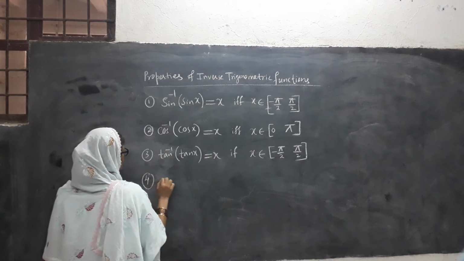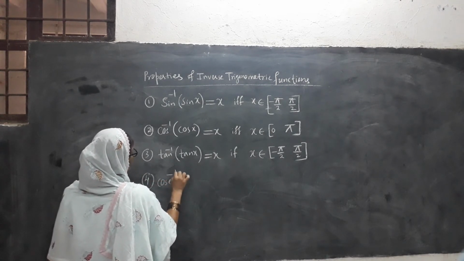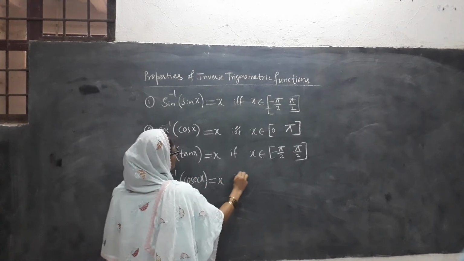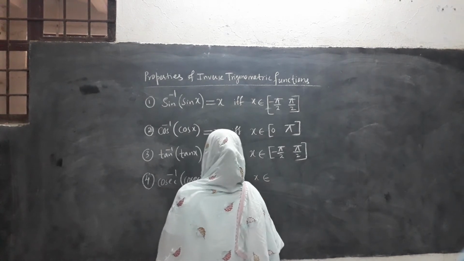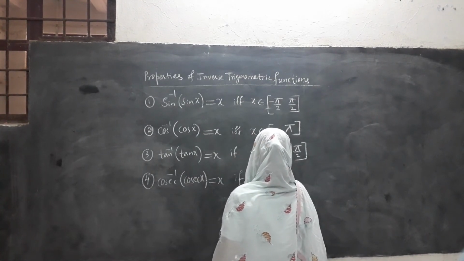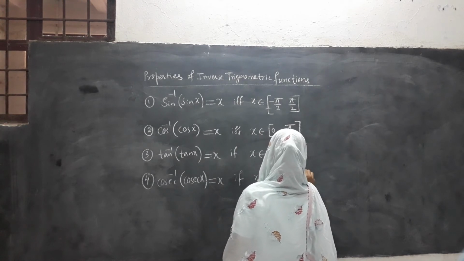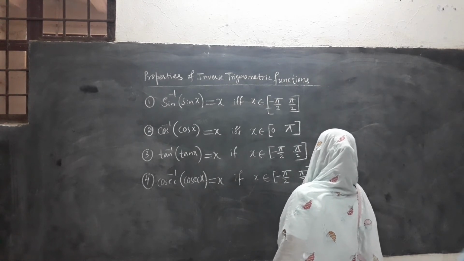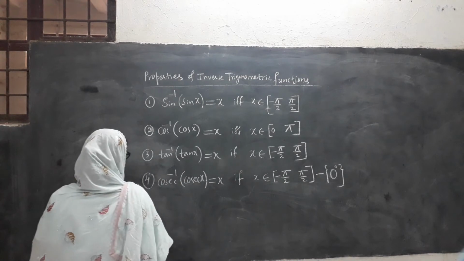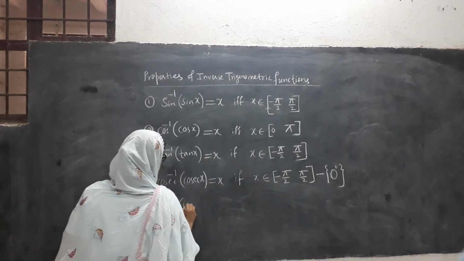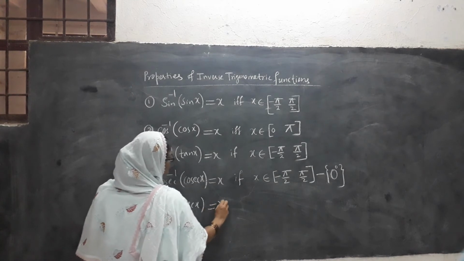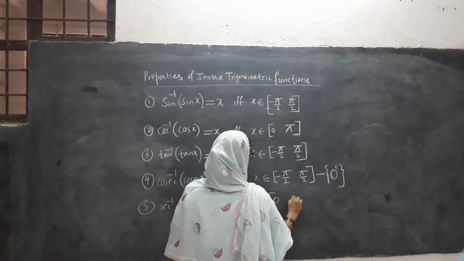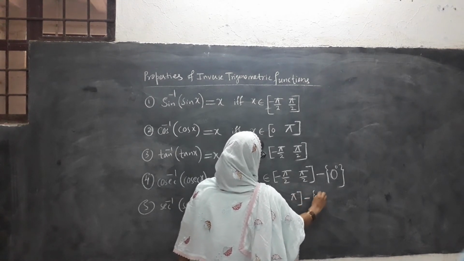Similarly, cosec inverse of cosec x, you can directly write x if x belongs to the interval minus pi by 2 to plus pi by 2 except 0. Sec inverse of sec x is directly x if x belongs to the interval 0 to pi minus pi by 2.